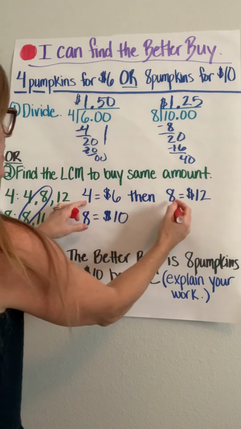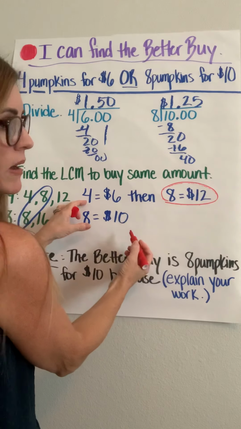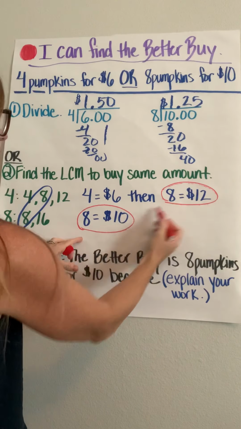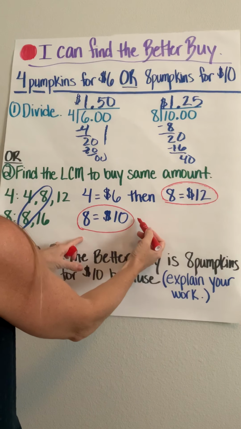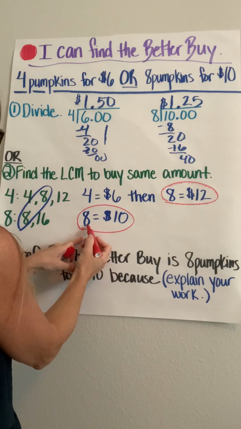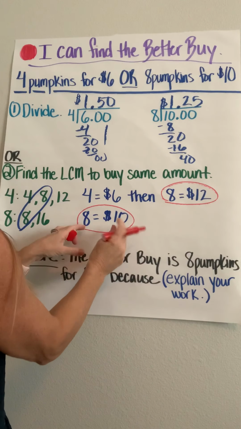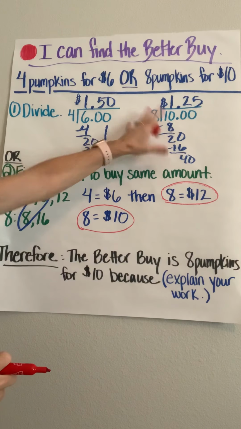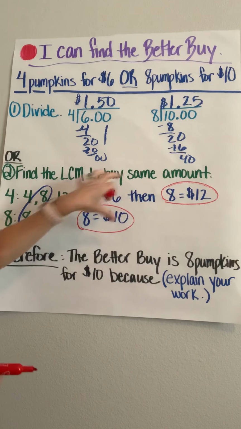The 4 for 6 is going to cost me 8 for 12 if I bought 8. And then we know the 8 for 10 is costing 8 for 10. So you can compare those two and you say, wow, if I buy 8 pumpkins from this bin, it's going to cost me $12. But if I buy 8 pumpkins from this bin, it's only 10. So we can see the better buy is 8 for 10 in both cases. We knew that from finding the unit cost or from buying the same amount.